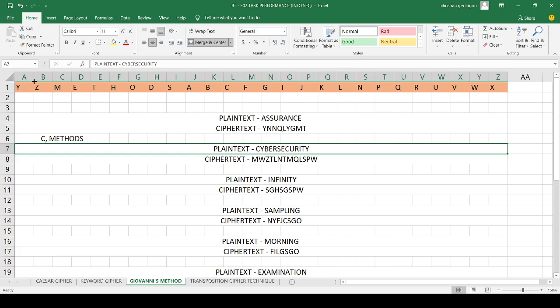Let's match it. This is the plain text above, and the colored letters are the encrypted letters.